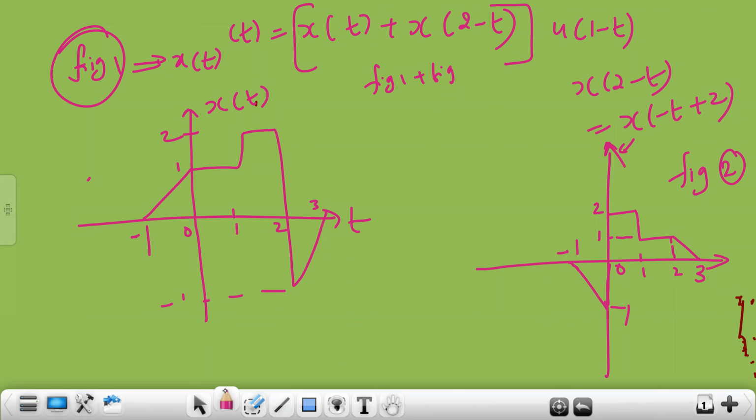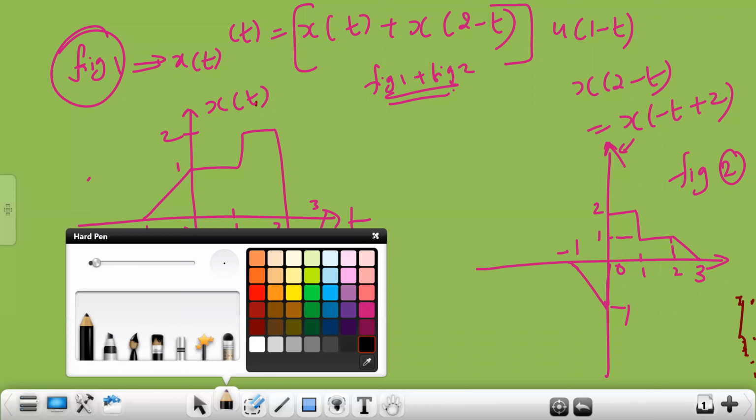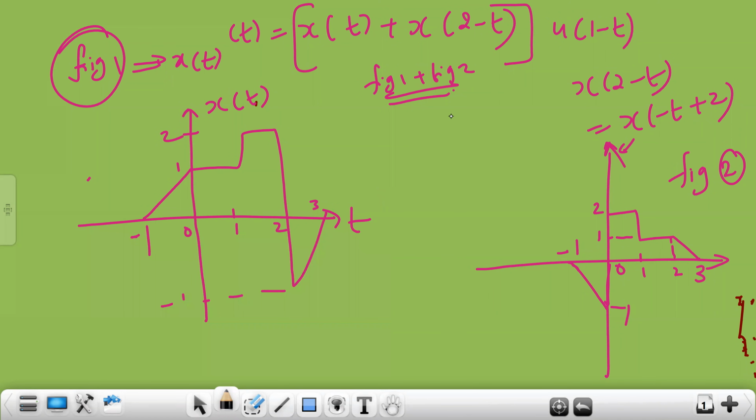While performing the addition, you need to go on a time slot basis. From which end do you need to start? You need to start from the leftmost end, that is -1. So from -1 to 0, if you focus on this time, this is the signal that you are getting over here, whereas here it is like this.